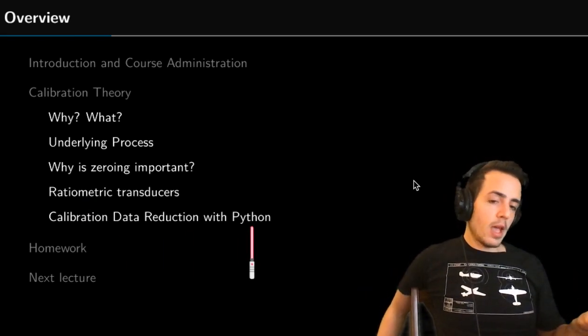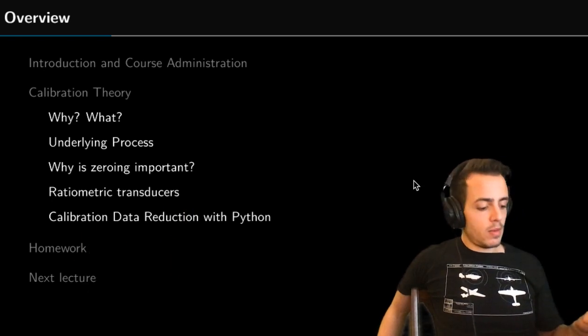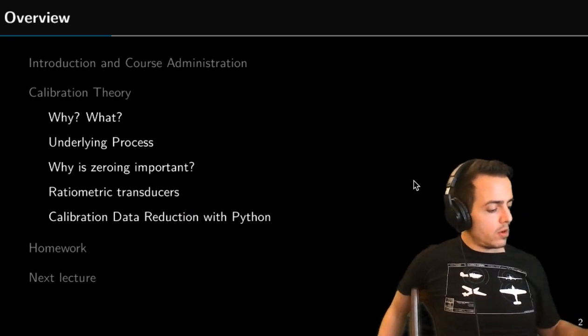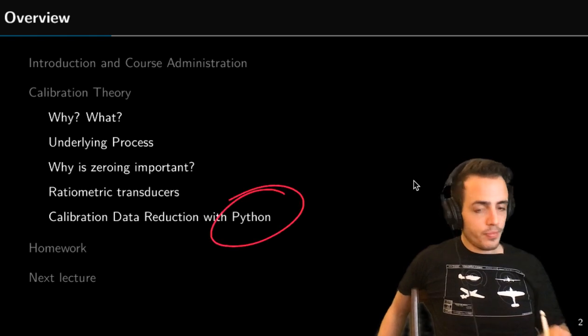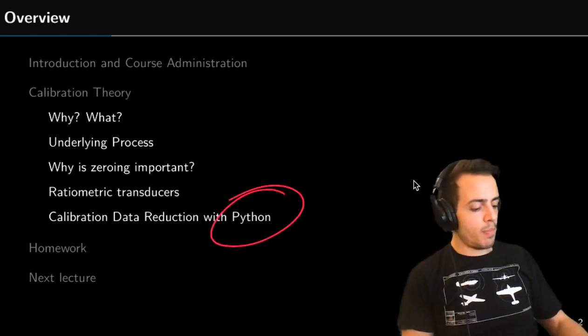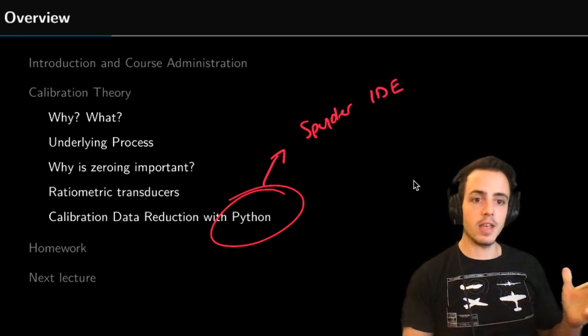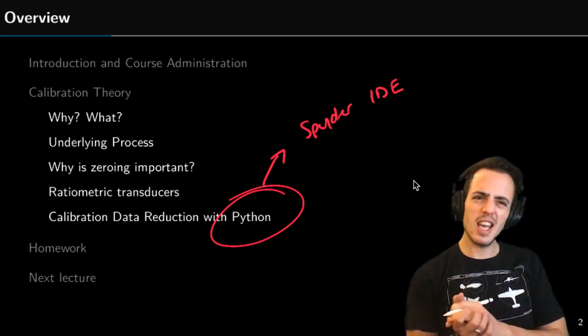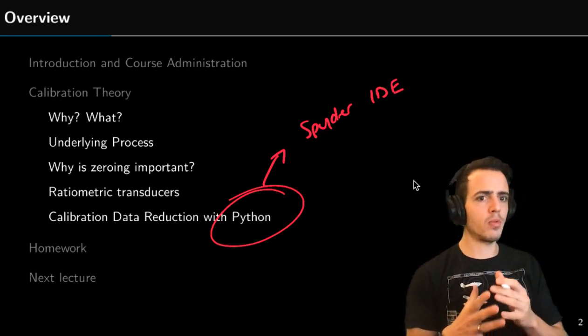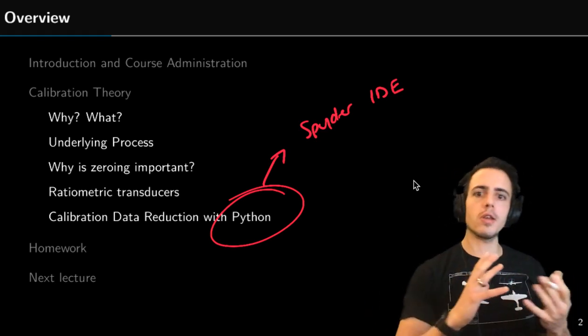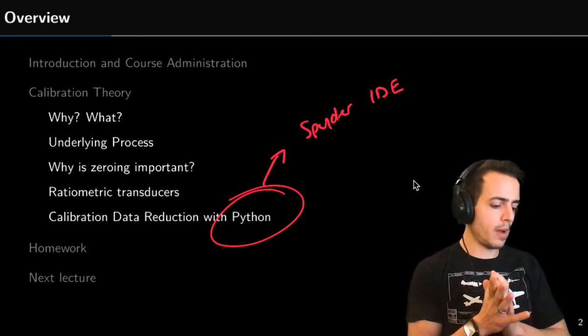And then we're looking at some data reduction of calibration data, and I'm using Python. I've switched over to using Python, and I'm using the Spyder IDE. Spyder is the name of the integrated development environment that looks a little bit like MATLAB, which is what helps us to run code, look at variables, and produce plots in the same place.